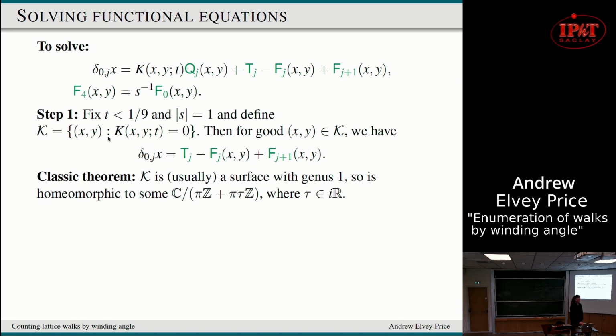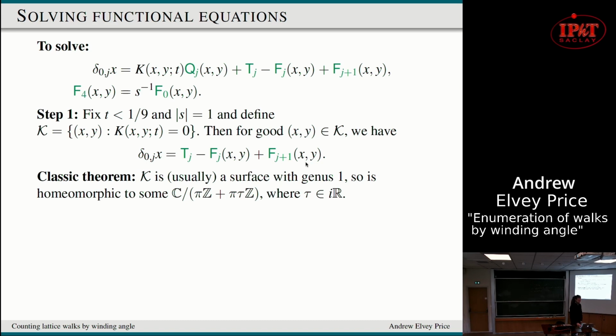And then we're going to look at the region on which the kernel is 0. Okay, so then if the kernel is 0, that cancels out the factor of q, and we get this equation.